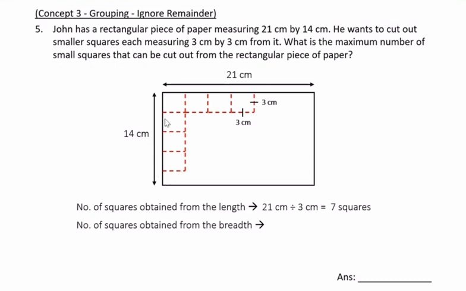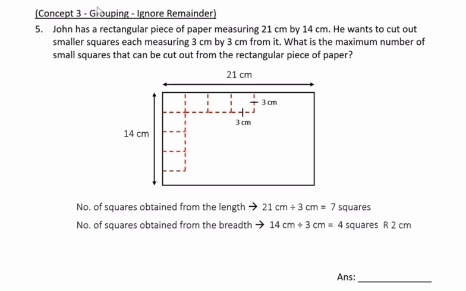So how many sides of 3 cm will I be able to cut out from the breadth of 14 cm? So I take 14 divided by 3. I know there's a remainder. You work out first. The maximum number of squares you can get is 4 squares, because 4 squares you already taken up 12 cm. Remainder 2 cm.